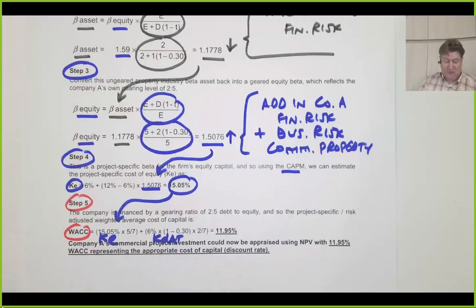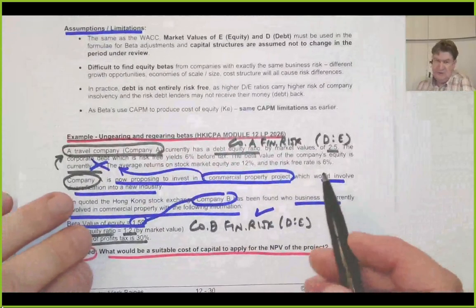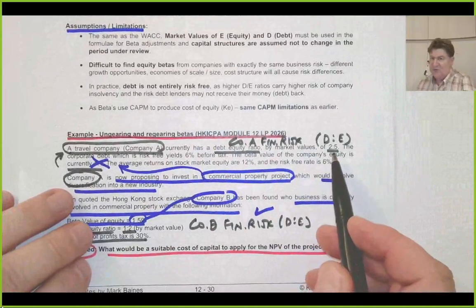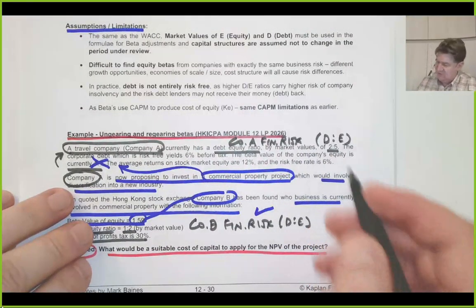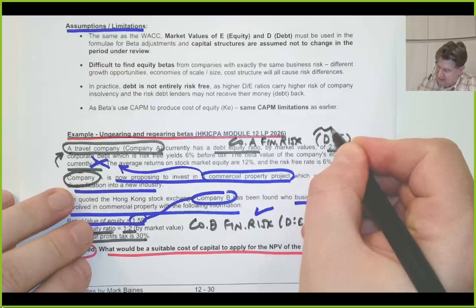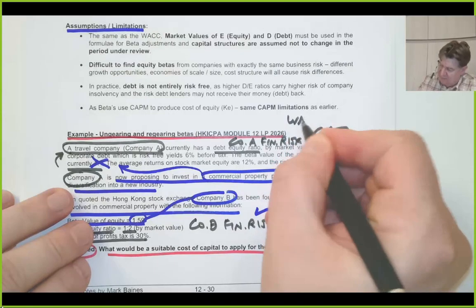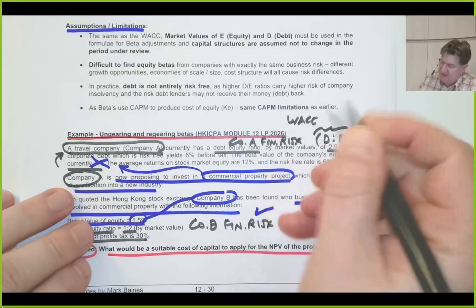And last of all, don't forget for the WACC, we need to be using our weighted averages. So look, for the WACC, let's go back to it. Don't do for debt 2/5 and 5/2. Remember, the WACC is the total, and it's a proportion. It's a weighted average.